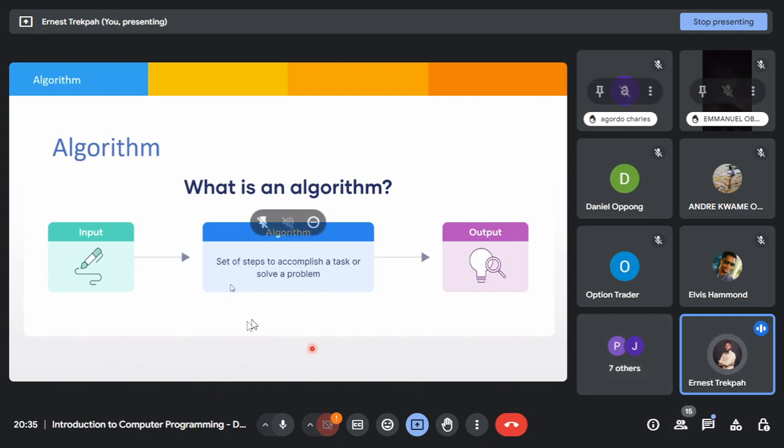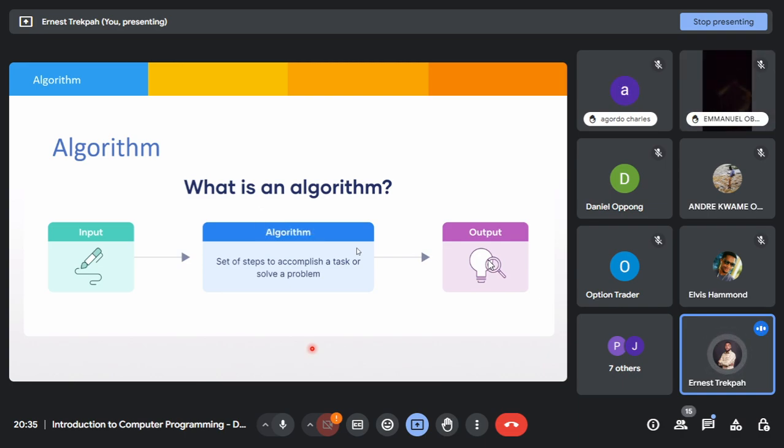All right, let's move on. So, like I said, there is an input block here, an algorithm block, and an output block. An input is fed into the computer. There is some sort of algorithm in place to act upon the input to give us an output.